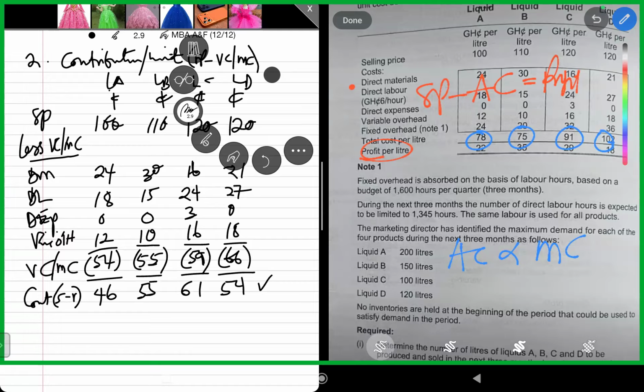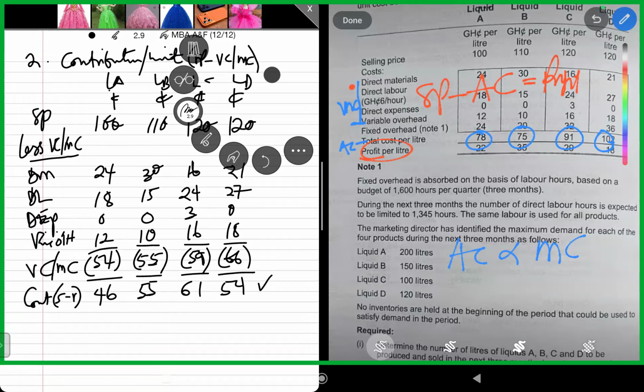From the data on the left, where did the marginal cost component end? It ended at variable overhead, meaning from direct cost to variable overhead is the marginal cost. And the last one, the total cost, is absorption costing. So now, what is the difference between absorption costing and marginal cost?